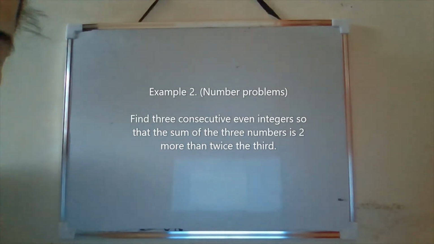Alright, so for example number 2, this is a number problem. Find 3 consecutive even integers so that the sum of the 3 numbers is 2 more than twice the third.